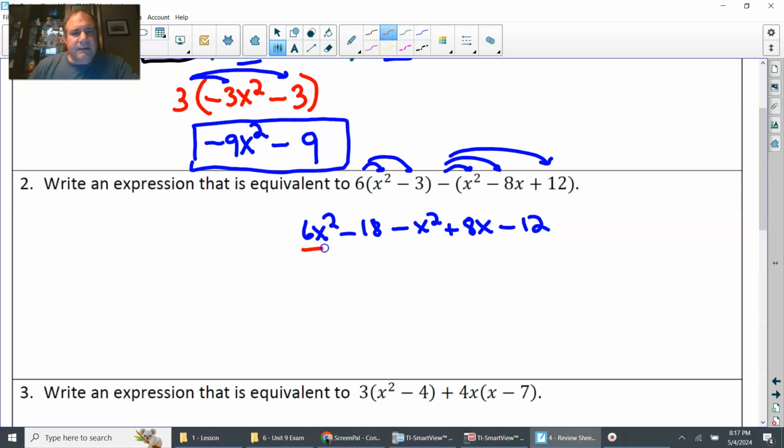So we have the positive 6x squared minus x squared is 5x squared. And then we have the plus 8x. And then -18 minus 12 is -30. And that's your final answer.